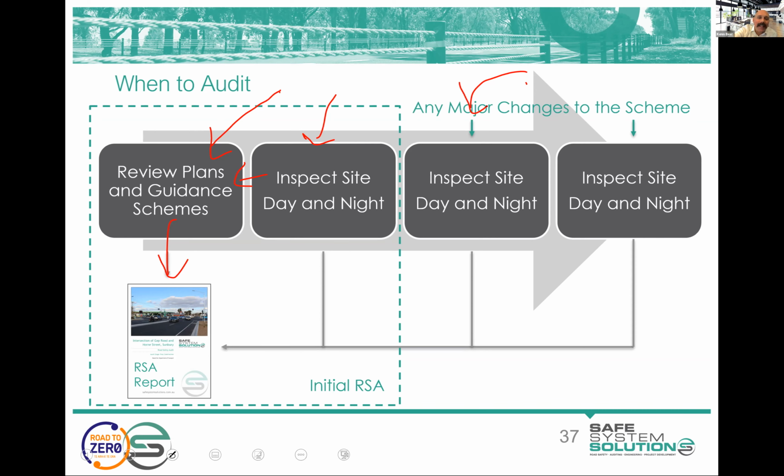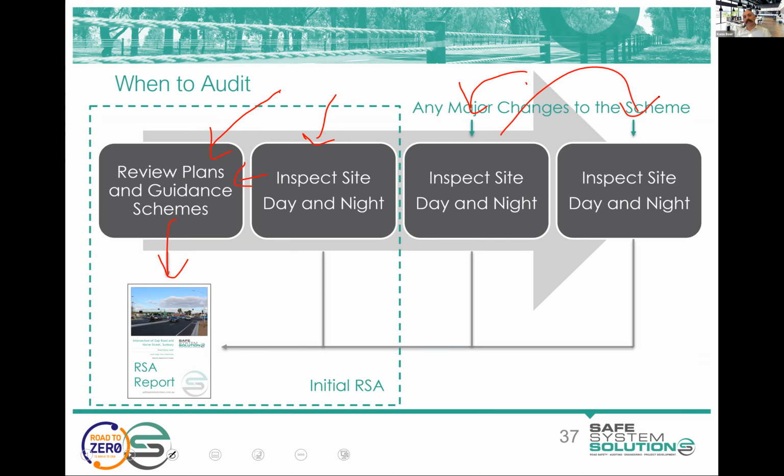And then if there are any major changes to the scheme, and we know that these are somewhat dynamic construction sites, roadwork sites, in the sense that they might be moving down the road, or they might have finished one stage and be altering to another, you would then check that as well. So it becomes almost an entity within its own right.